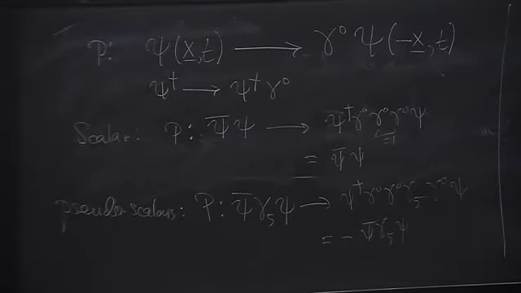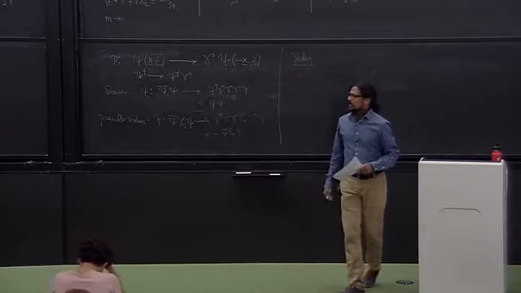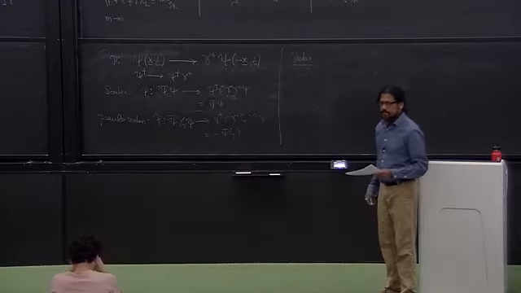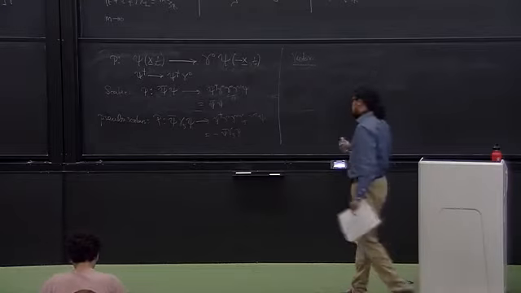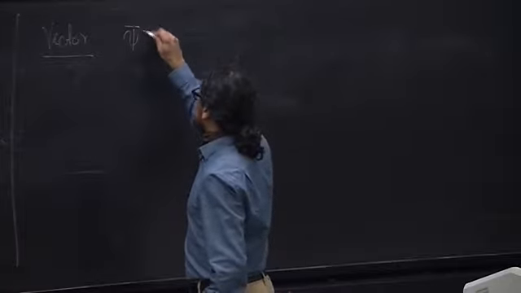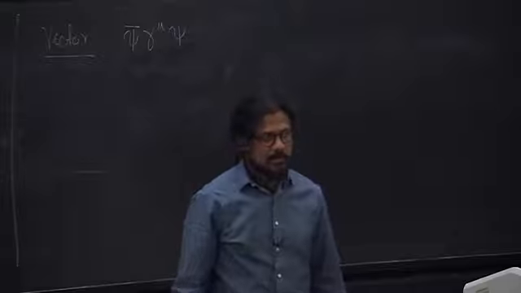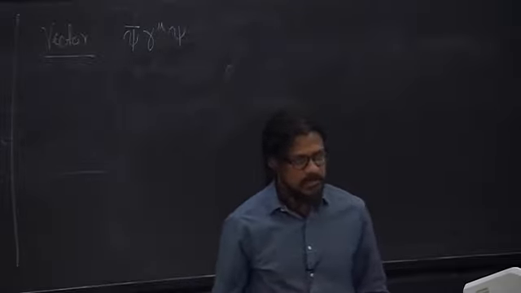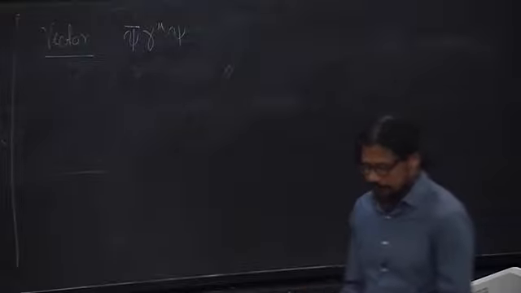Okay. So a vector, how do you construct a vector? Well, the gamma matrices have space-time indices. So that is suggestive. And it actually turns out that if you sandwich a gamma matrix between a Dirac spinor and its Dirac conjugate, it actually acts like a vector.